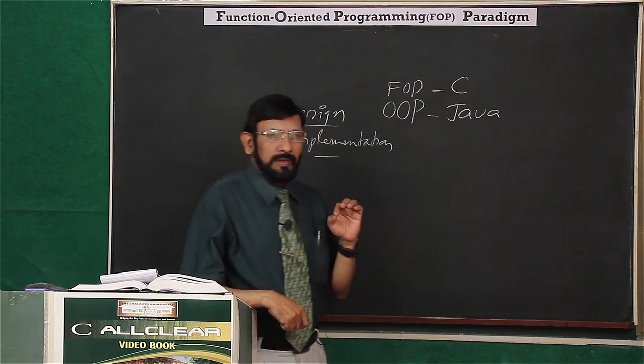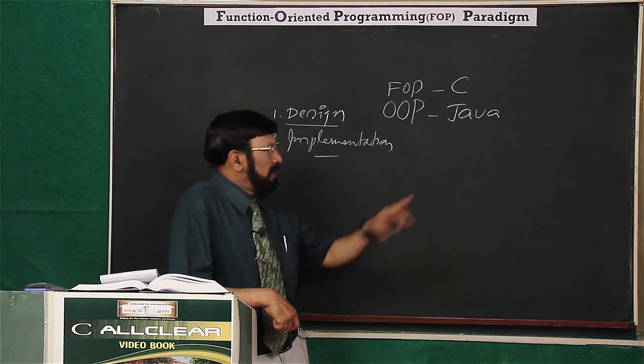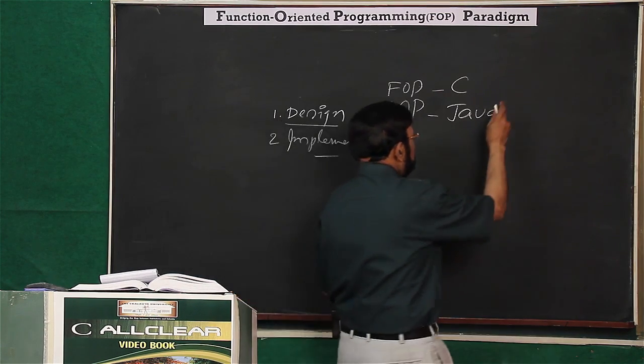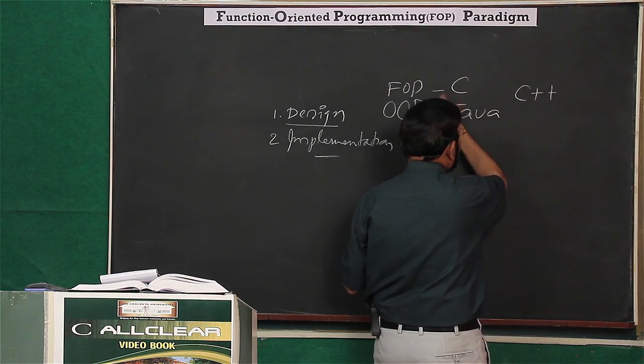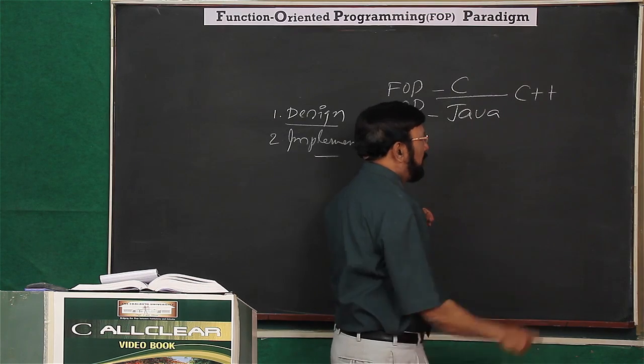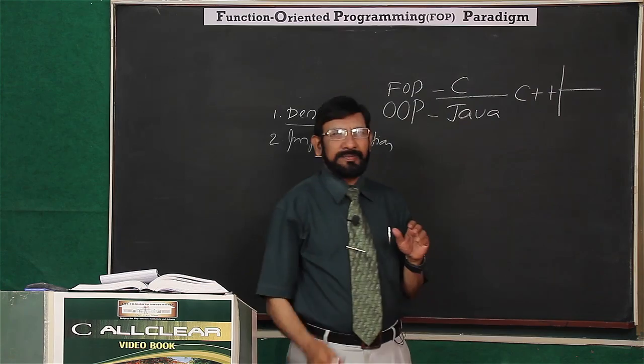And this is Java. Java is a purely object oriented programming language. And take C++. C++ is a hybrid language. Hybrid language means in C++, two parts are there.